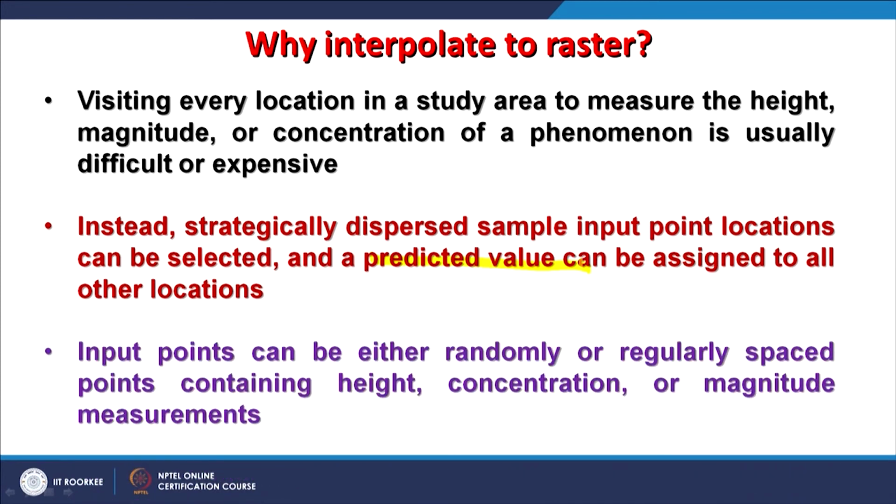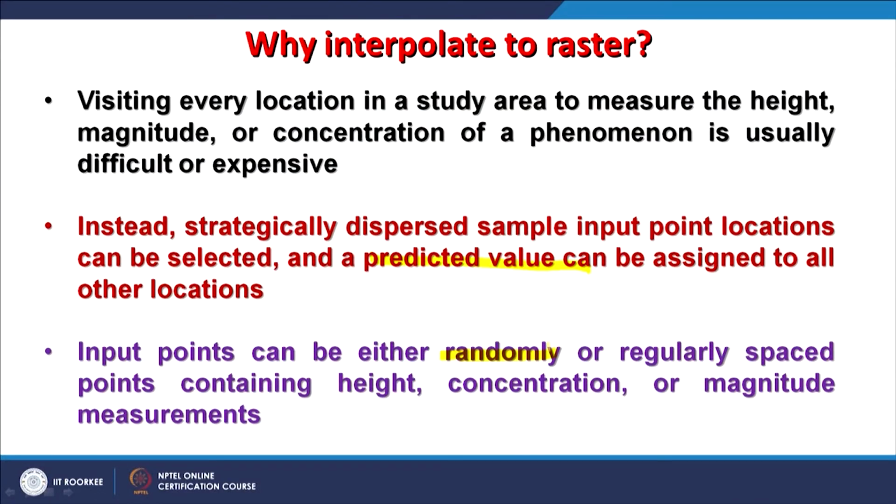Of course, as you know, interpolation starts with a belief. If you do not have that belief that things are what it is predicting, then the only solution is to go and check in the field if it is possible. If it is not, then you have to rely on some interpolation techniques.